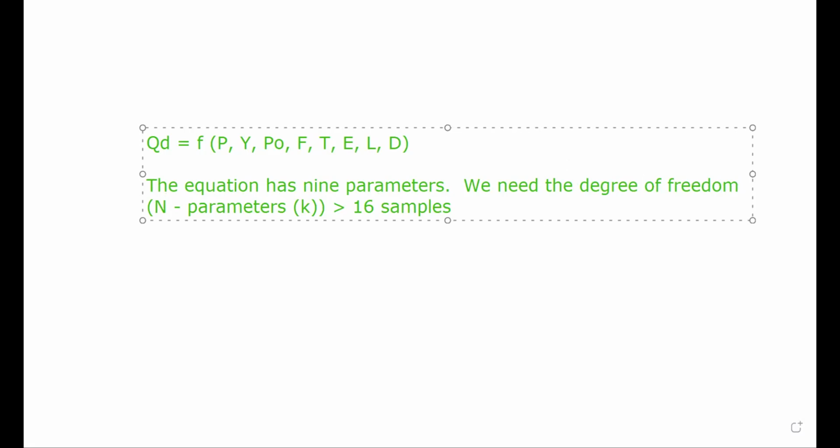So if we have 9 parameters, that means we need at least 25 observations. But 25 is still a small sample size. So now it is better to use more.